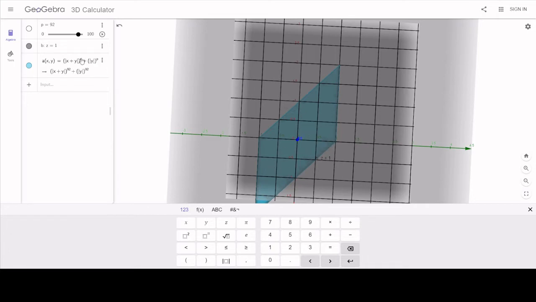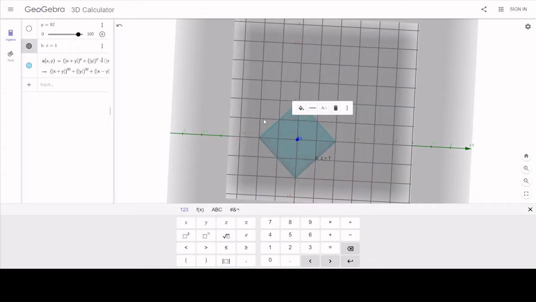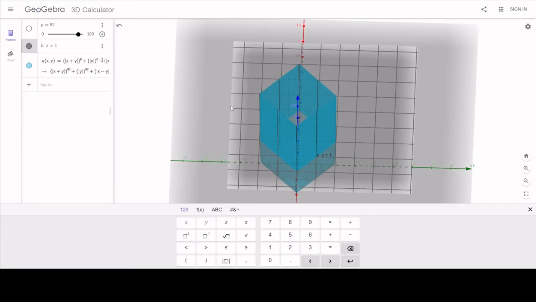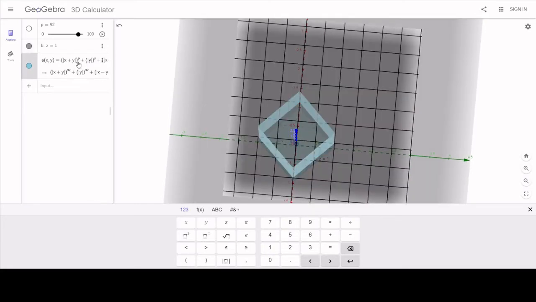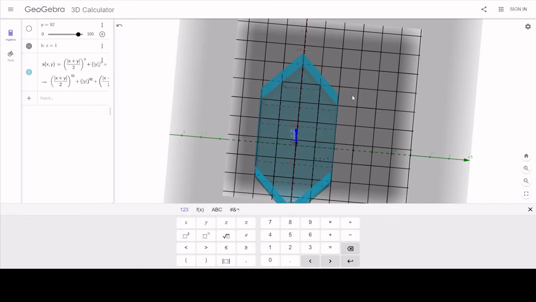And so one day I was thinking, what if you were to add a third term? Let's say it's 45 degrees in the other way, so x minus y, which would be here. This doesn't show up well. Yes.